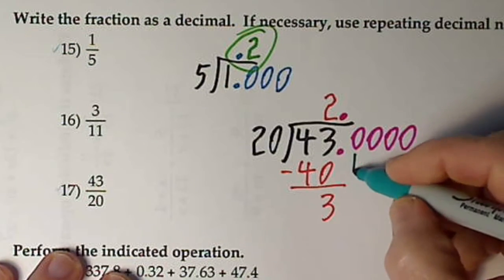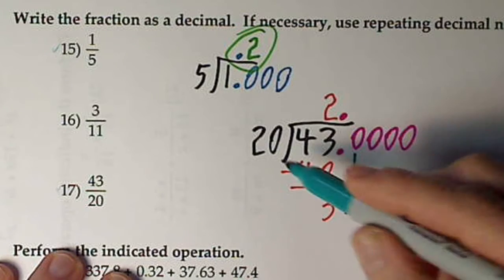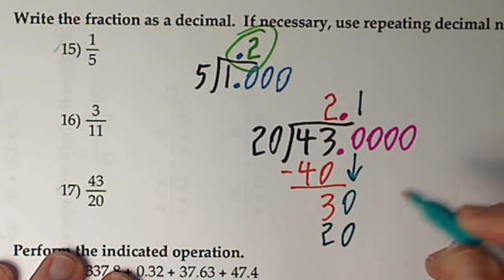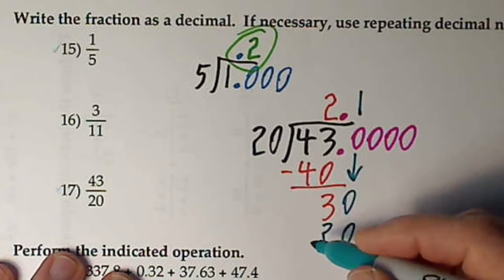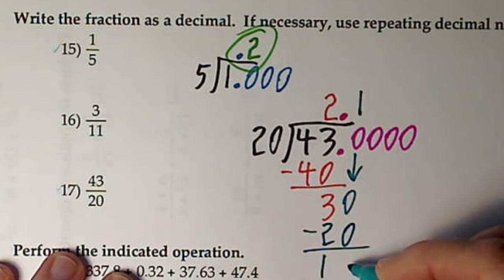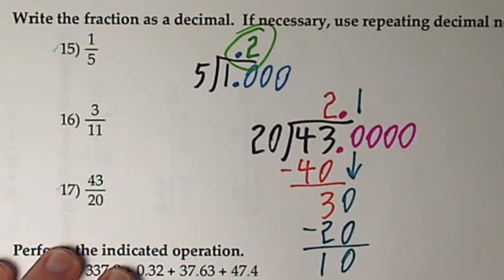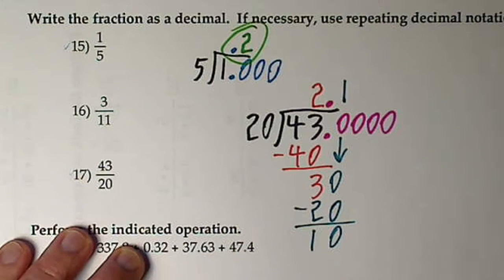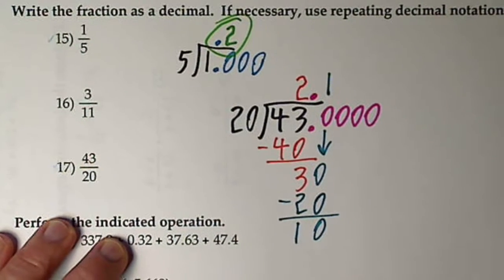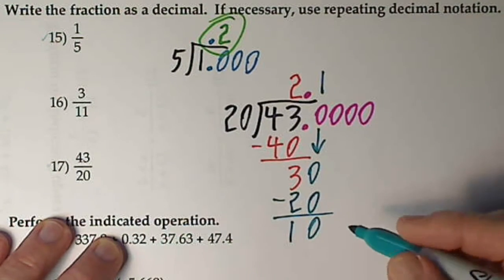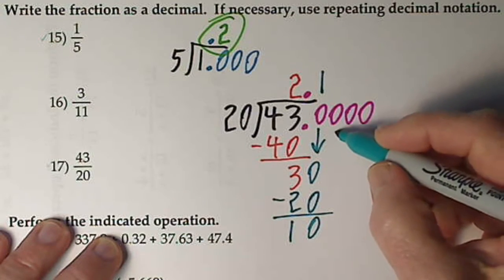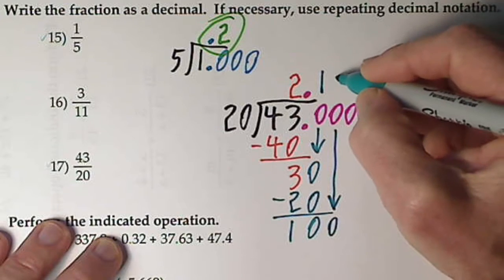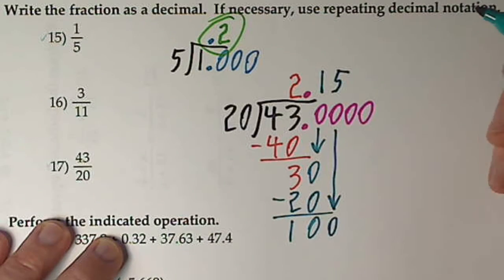So we bring down our 0. 20 goes into 30 once. And when we subtract, we have 10 left over. Let me just zoom out one here. Bring down your next digit. 20 goes into 100 5 times.